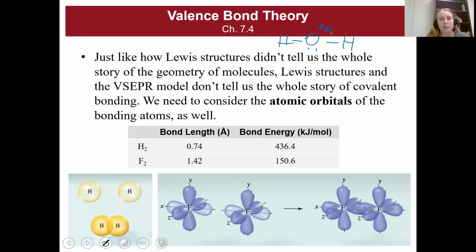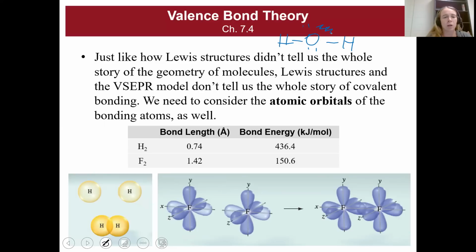So we need to consider atomic orbitals. Remember back to chapters 3 and 4 when we talked about quantum numbers and electron configurations. We need to consider that again because it is very important for bonding as well.